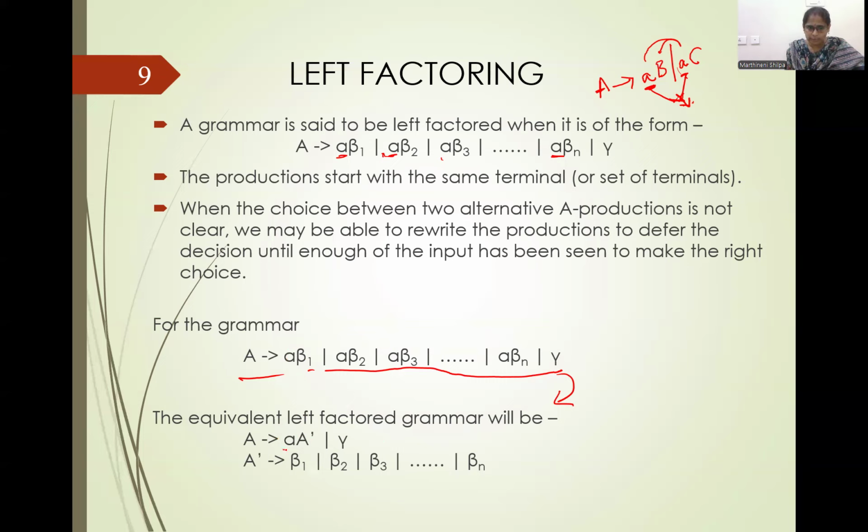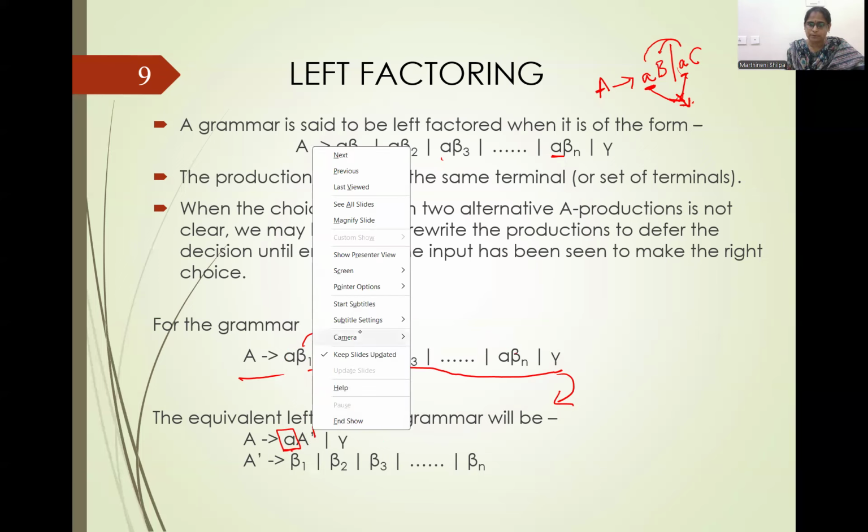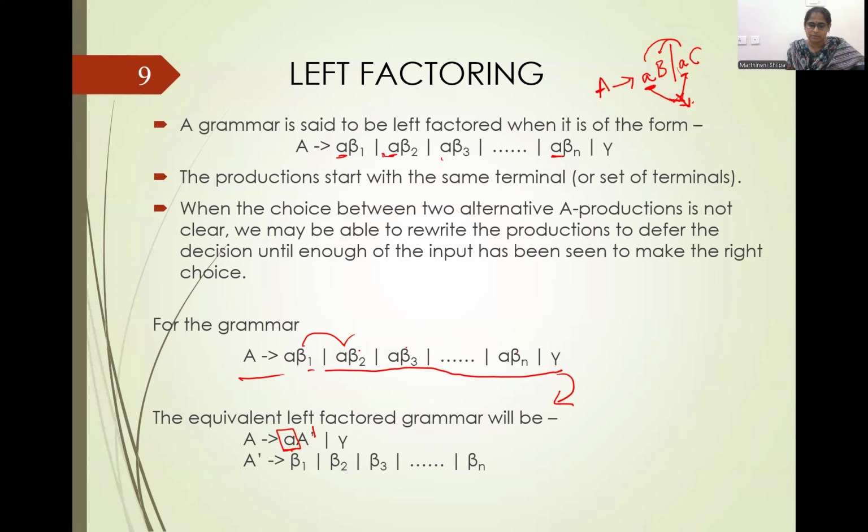So I'm going to write the production which starts with alpha, and to produce beta 1, beta 2, beta 3, beta n, this A dash is a new non-terminal which is used to produce all those sets of strings. Now A dash is going to derive beta 1, beta 2, beta 3, up to beta n. So this is the resultant grammar which does not have left factoring in it.